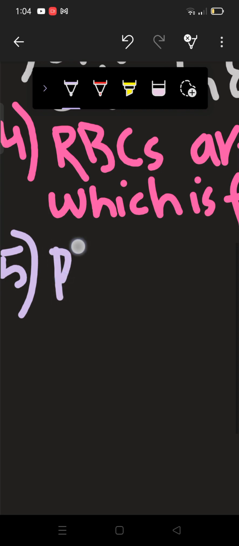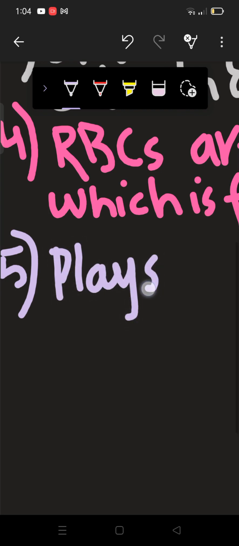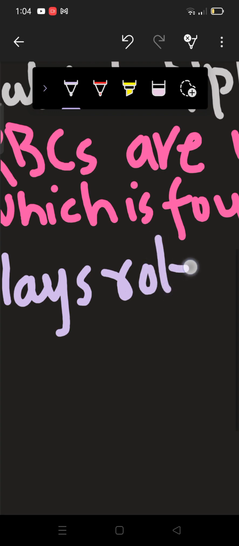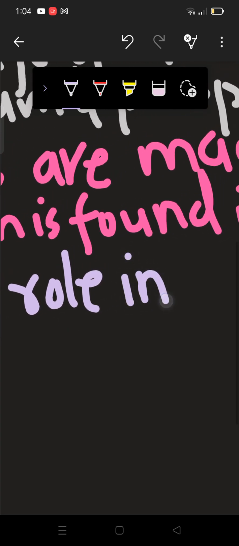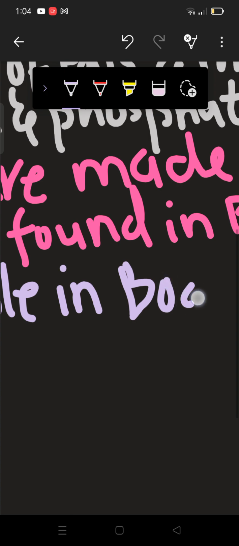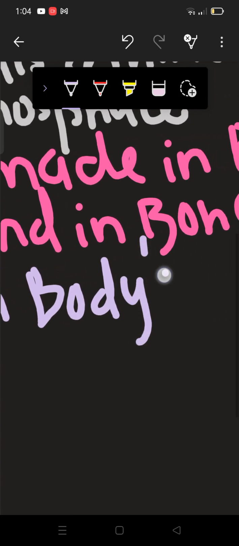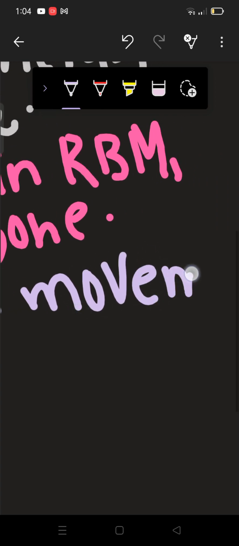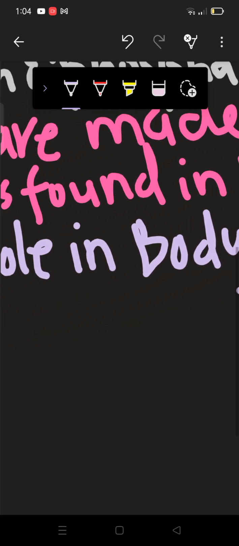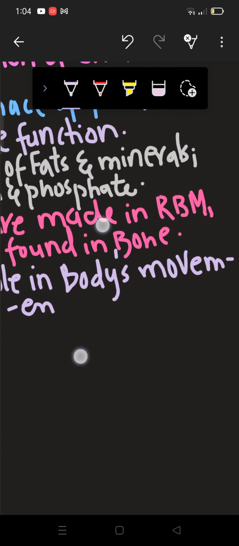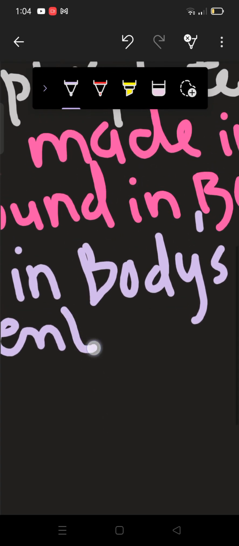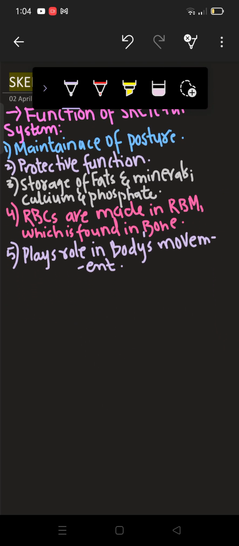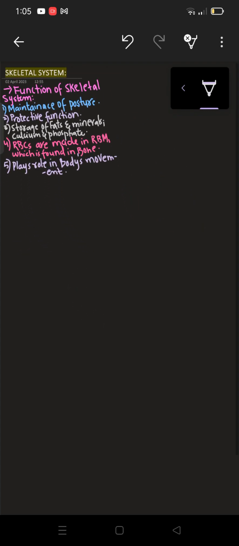It plays an important role in the body's movement. If the skeletal system is not present, then we are not able to move. So this is a very important function. The skeletal system plays a main role in the body's movement, in locomotion.